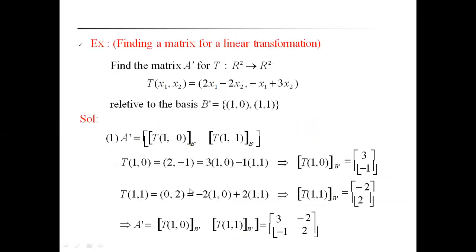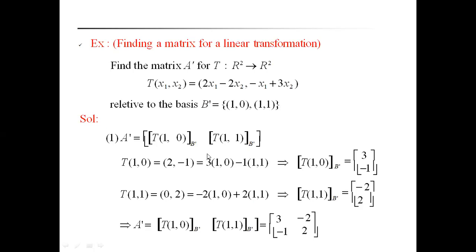Therefore, by using that formula, A dash is equal to [T of (1, 0) relative to the basis B dash, T of (1, 1) relative to B dash], where these are the basis vectors of B dash. Putting x1 is 1, x2 is 0 in the formula, we get 2 minus 0, that is 2, and minus 1 plus 0, that is minus 1. So we get (2, minus 1).